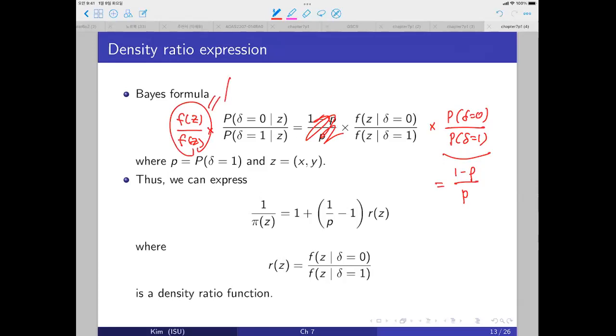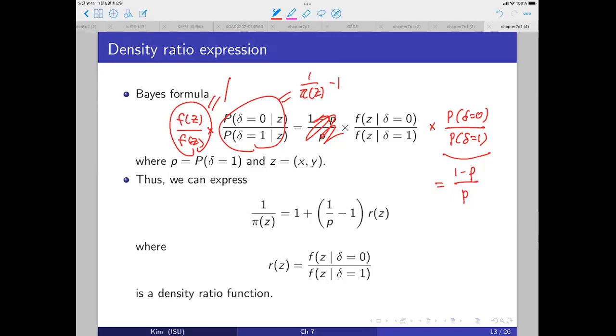Then this guy is 1 over pi, and this guy is 1 over pi z minus 1. So this formula leads to this expression.